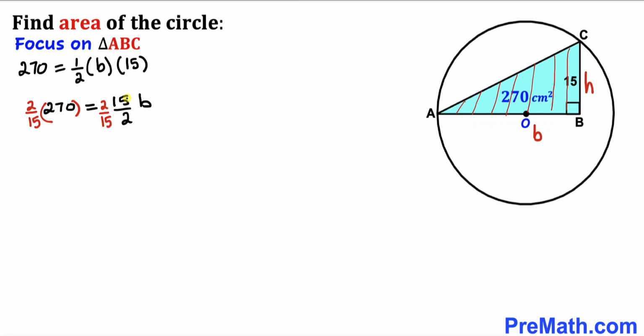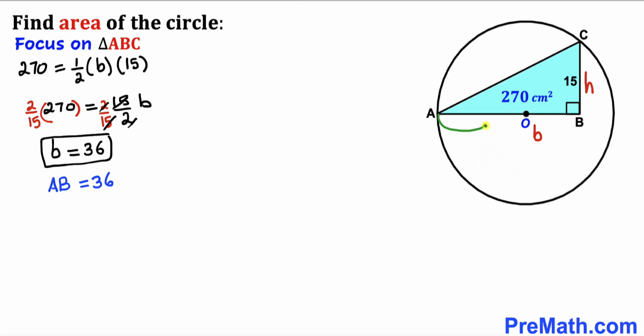And here these cancel out. So our B value, if we simplify the left hand side, turns out to be 36 centimeter. So this AB length is 36 centimeter.